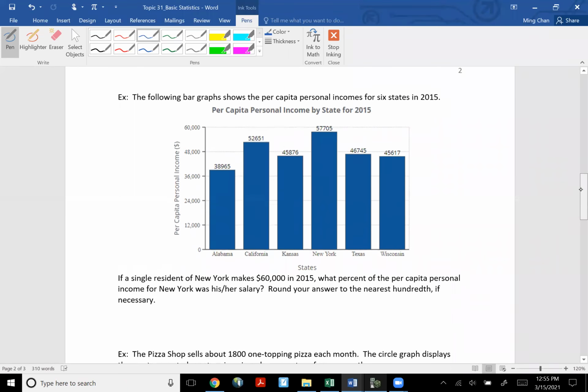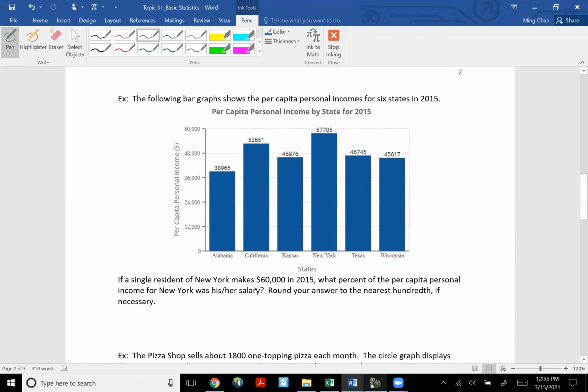New York State is right here. The New York State average is 57,705. This person apparently makes more than the median.